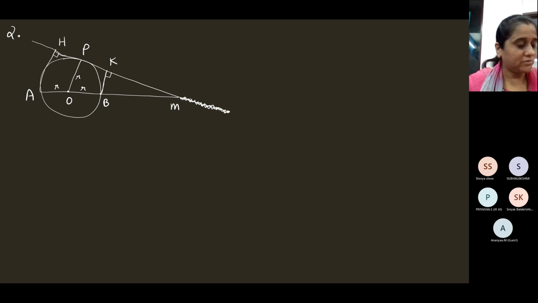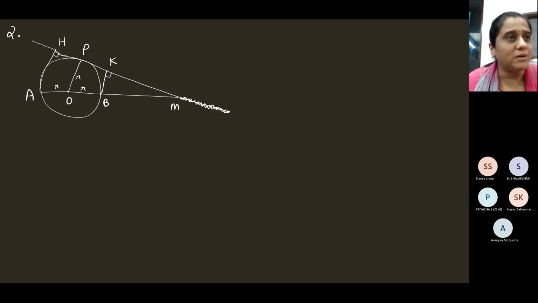So what do you see? A circle, AB diameter because it passes through O. AM is the extension of the diameter AB. We can see from the figure that AB is the diameter because it passes through O. And AM is the extension of AB.